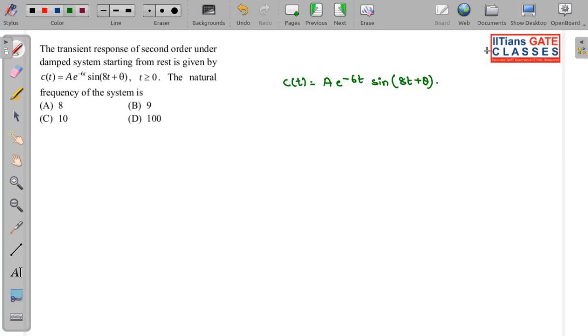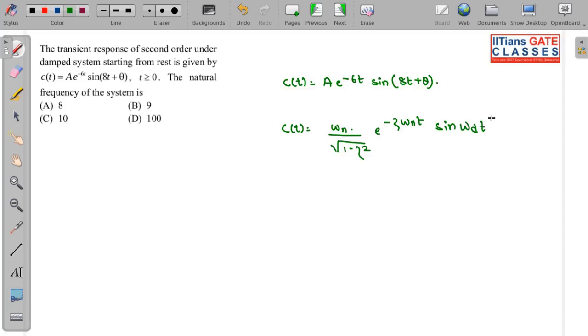Okay, so we can see over here that we have this c(t). Now if you compare it with the second order system response, which is omega n over the square root of 1 minus zeta square, e to the power minus zeta omega n t, sine omega d t, okay, so this we have.